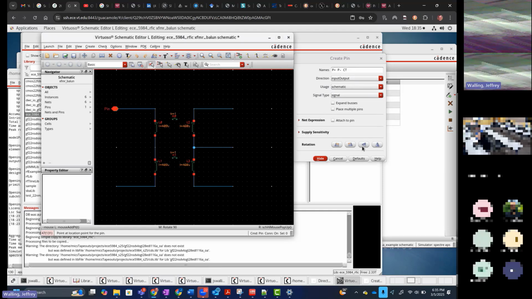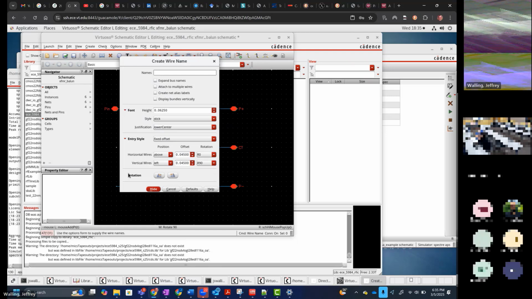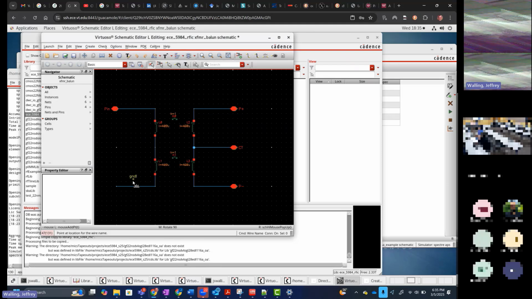Our input. All right, and then I'm going to add a label. I'm just going to tie the other side of this input to ground. I could add a port there, but I want this expressly to be single-ended in, differential out. Right, there is our transformer.